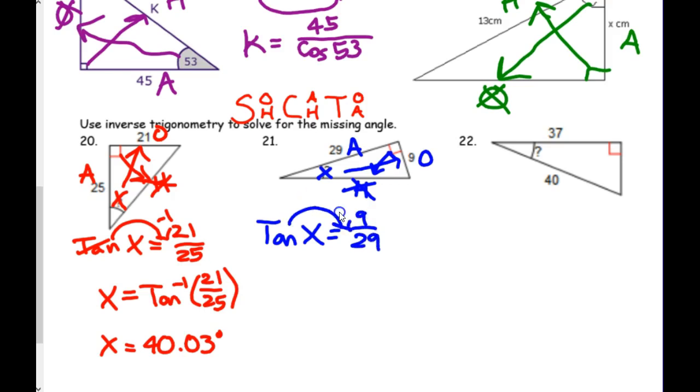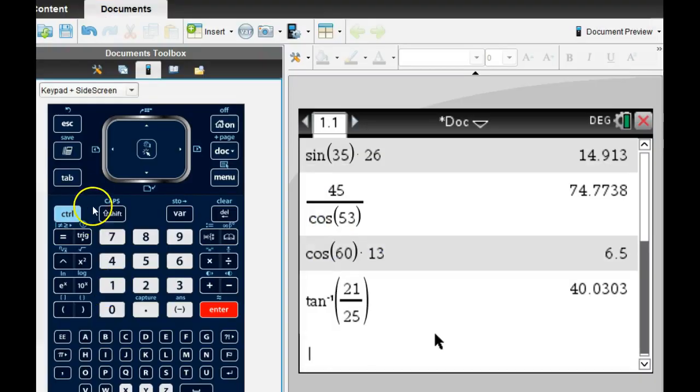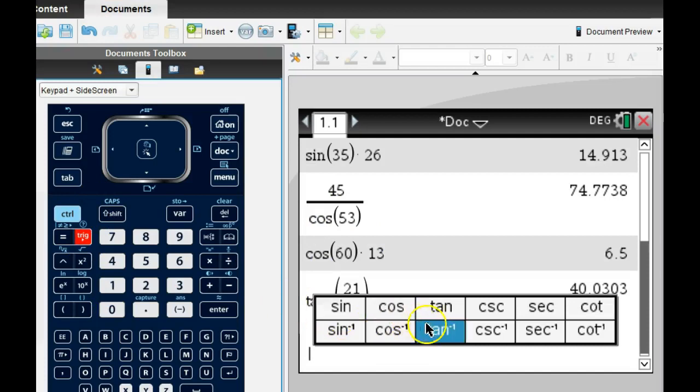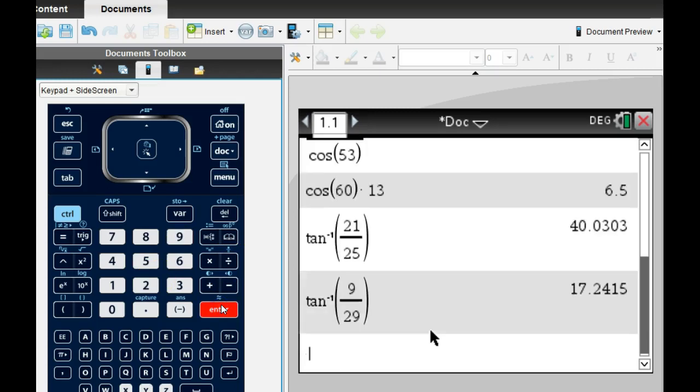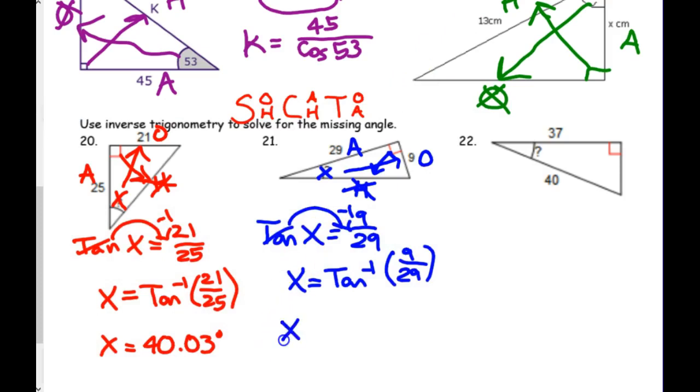The tan can travel if we make it inverse. So X equals tan inverse 9 over 29. So trig, tan inverse 9 over 29. 17.24. Degrees.